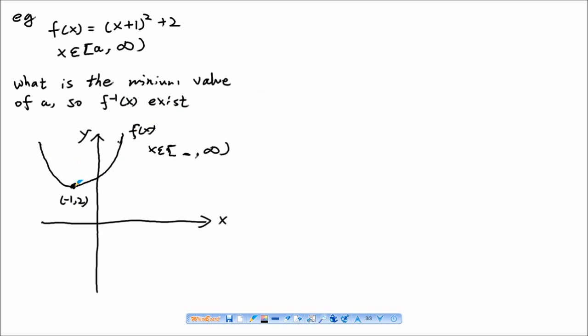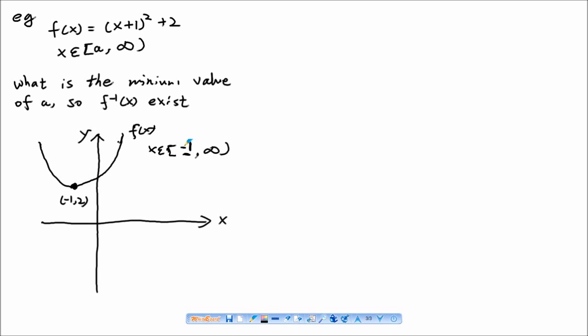The trick of this kind of question is always go to the turning point. Say we have a turning point at -1 and 2, so the minimum value of a to make this function a one-to-one function is a equals -1, because -1 is the turning point.